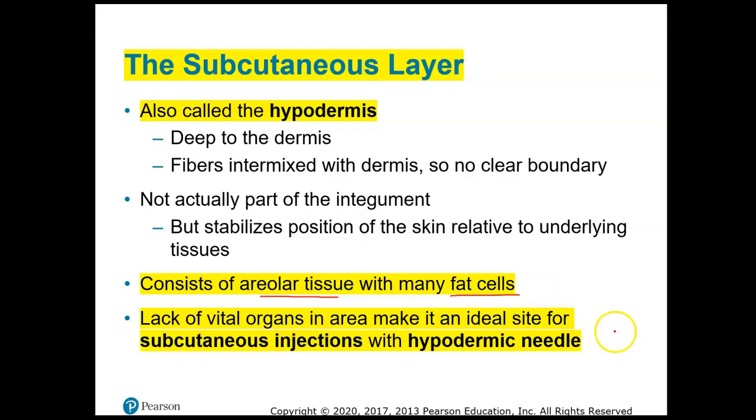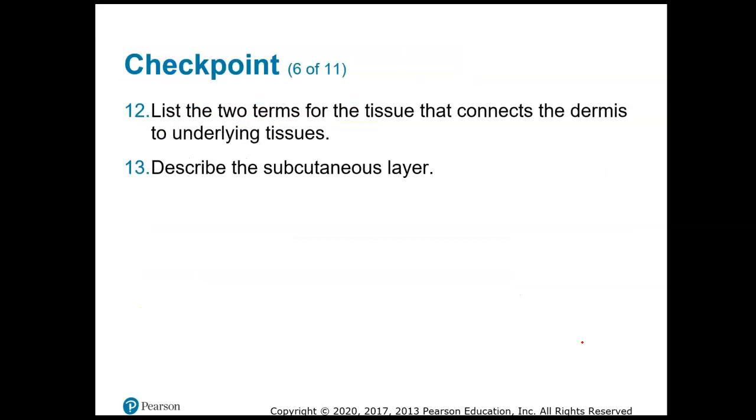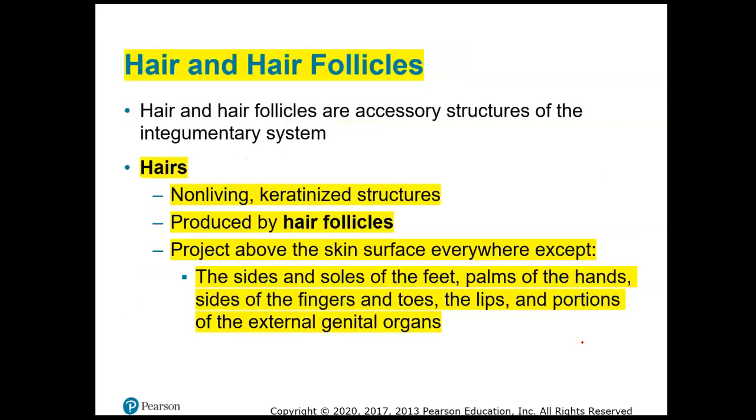And then make sure you know this. This is just something that I know is part of a quiz question. It says, lack of vital organs in the area make it an ideal site for subcutaneous injections with hypodermic needles. Because you'll miss a vital organ by injecting into that hypodermis.